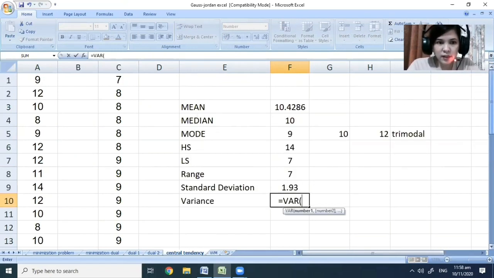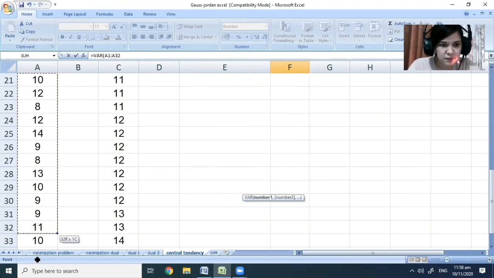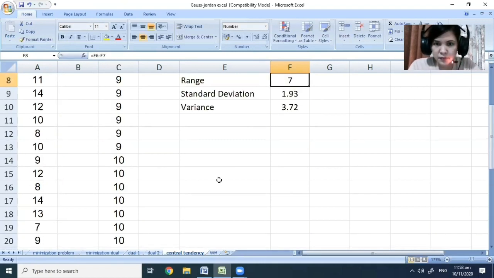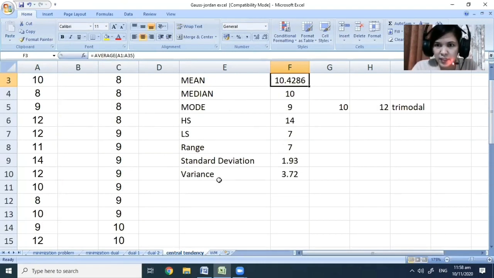Then afterwards, drag again the 35 satisfaction level ratings. So we finally have all our answers for measures of dispersion. The range is 7, the standard deviation is 1.93, and the variance is 3.72.